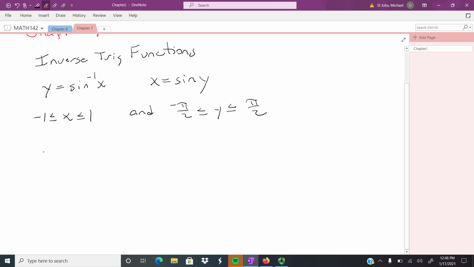We can also do the same thing with our cosine function, inverse cosine of x. Again, given that x is equal to cosine y. And again, cosine only goes between -1 and +1. And the interval here is between 0 and pi.